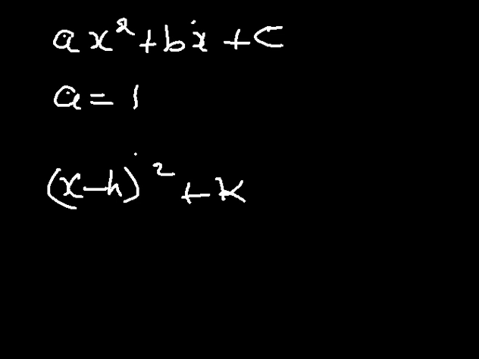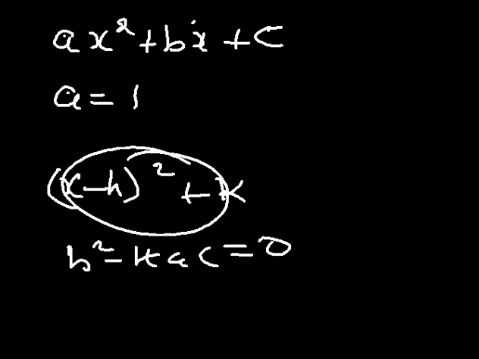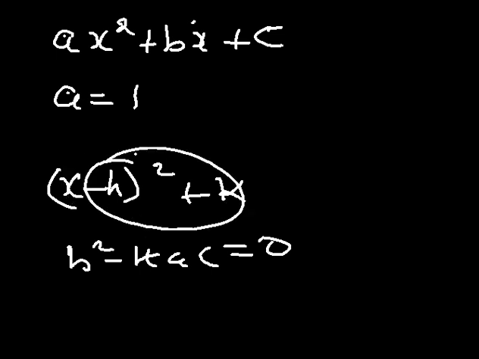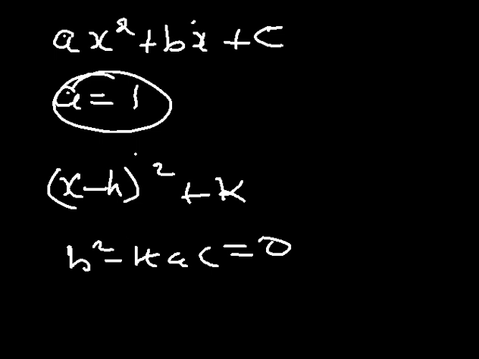And guess what? The discriminant of this expression is given as 0. Hence b squared minus 4ac is equal to 0. That is for this expression. So keep that in mind, that the discriminant for this expression is given as 0, and also from the fact that the value of a is given as 1.